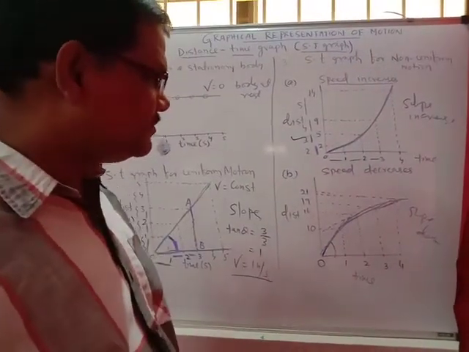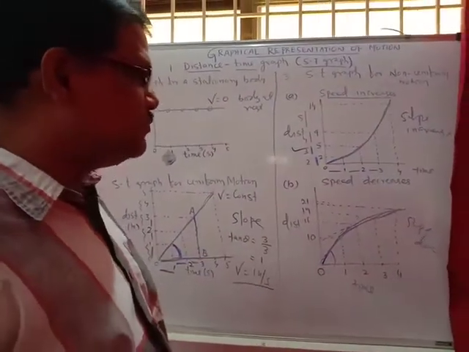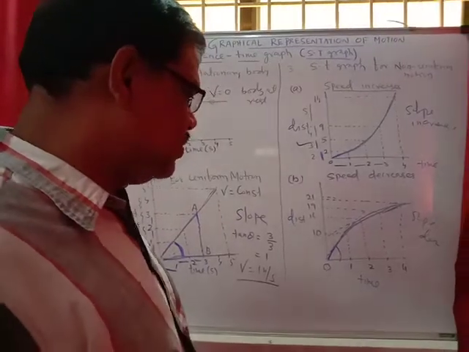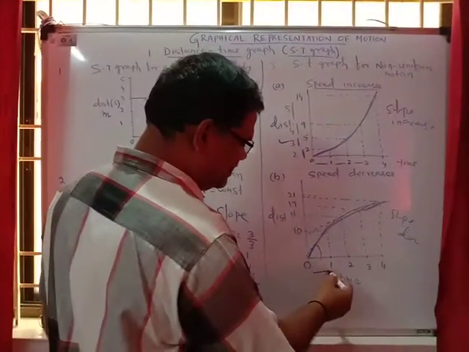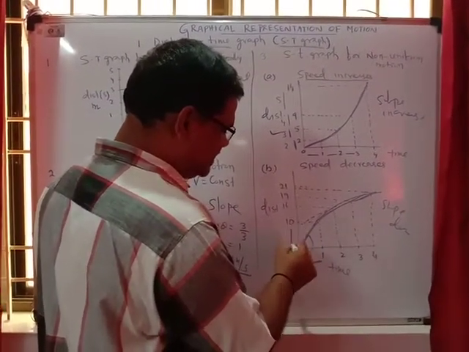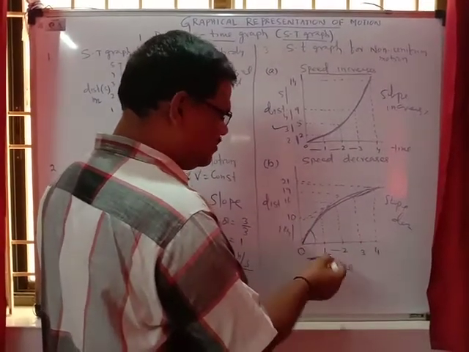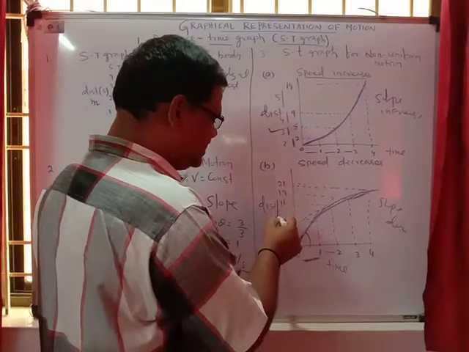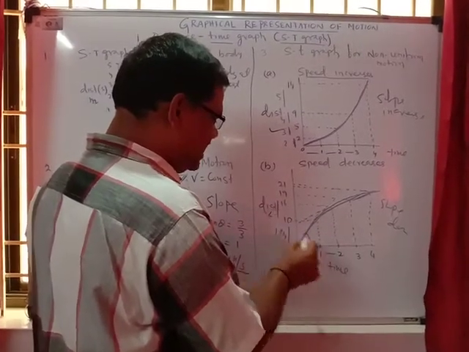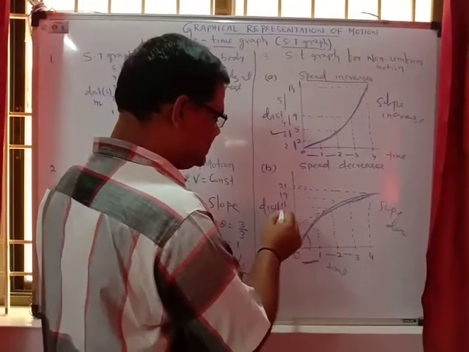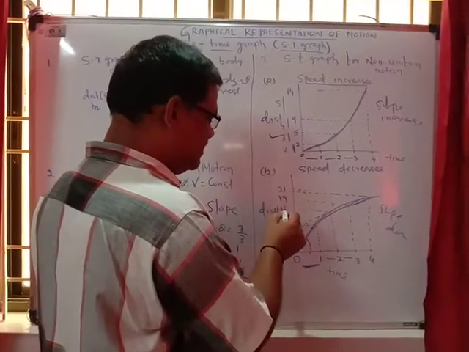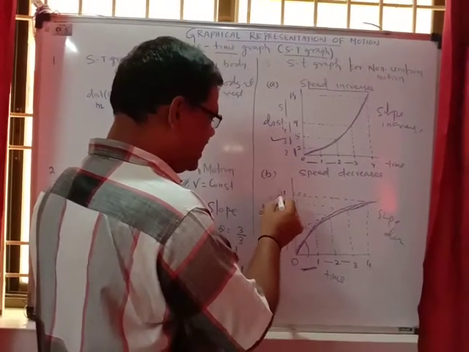Another is the graph in which the speed decreases. So what will happen? In an equal interval of time, the distance is 10 meter, and in another 1 second interval of time, the distance gap is 6 meter. In another interval of time, the distance gap is 3 meter, and then 2 meter.